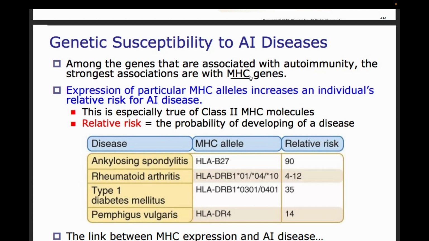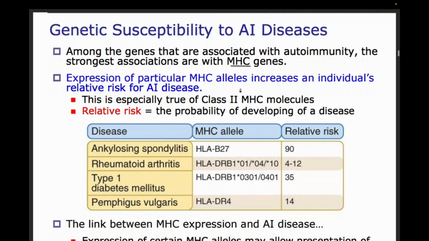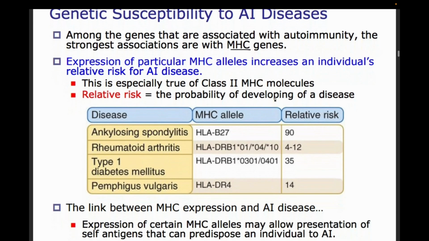There was a test called HLA, human leukocyte antigen. HLA is basically the MHC in humans. تمام. احنا اخذنا انه there are 2 types of MHC: MHC class 1، مثل ما تلاحظون، و MHC class 2.